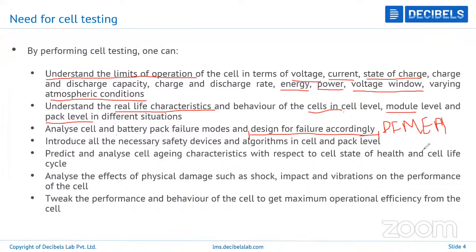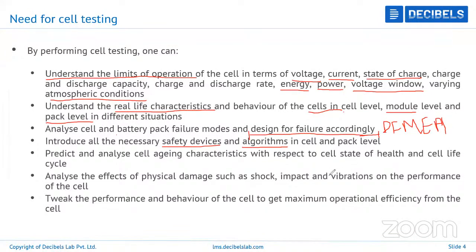Design for failure and design for prevention of failure. So accordingly, we can design safety algorithms. That's the next point. We can define and design safety devices, safety algorithms, and prevention circuits.